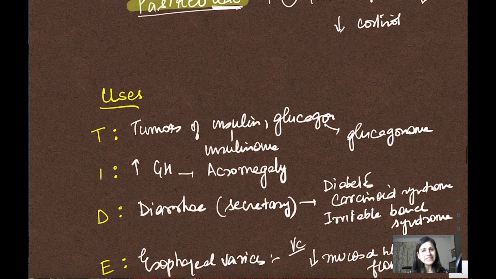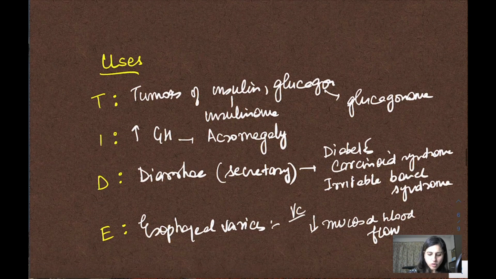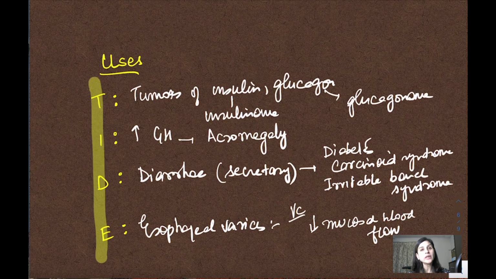You remember the mnemonic TIDE here, the last four alphabets. T is for tumors, because it is decreasing the insulin and glucagon secretion, so it is used in tumors like insulinoma and glucagonoma. I is for increase in growth hormone secretion, or सबसे ज़्यादा problem क्या होती है उसमें, that's acromegaly. You can use it for those purposes.